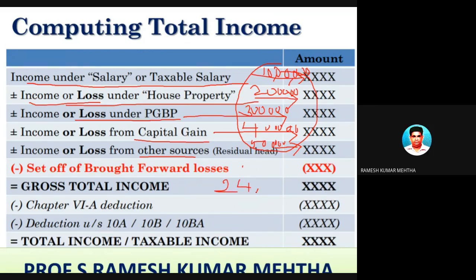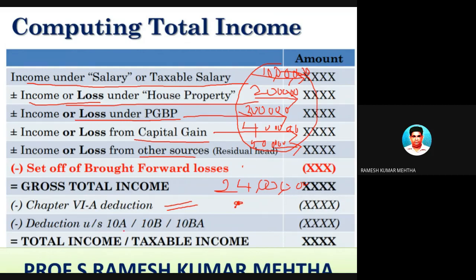Now, after you have found out the total income, it's time for some deductions. Deduction under chapter 6A. We will talk in detail about the items which come under chapter 6A deduction, and I have dedicated a separate slide for it. These deductions can be deducted from the gross total income.